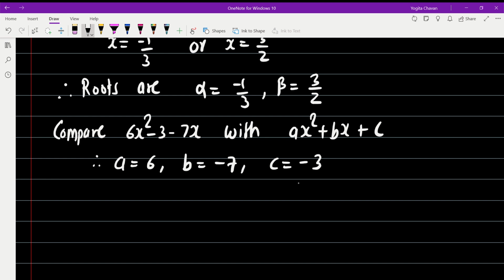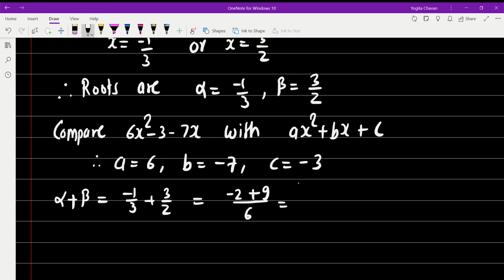Now sum of the roots. Alpha plus beta, sum of the zeros or sum of the roots is equal to minus 1 by 3 plus 3 by 2 and is equal to, now LCM of denominators 3, 2 is 6. So multiply minus 1 by 2, so it is minus 2 plus here 3 into 3 it is 9, divided by 6. Okay.